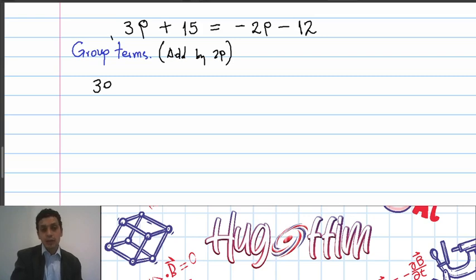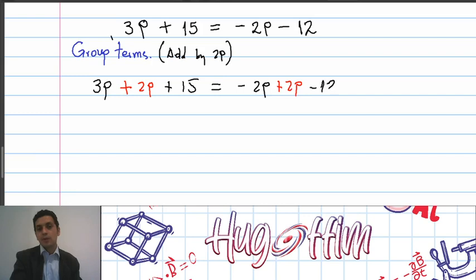So I'm just going to write 3p plus 2p, I'm adding both sides, plus 15 equals negative 2p plus 2p minus 12. Okay, so now if I add both sides of the equation, I'm going to have 5p plus 15 equal to negative 2p plus 2p, 0, minus 12.